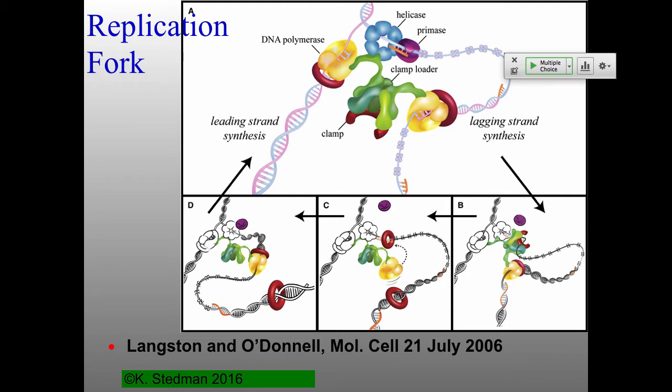When your lagging strand polymerase gets to the primer for the next piece, it will dissociate from the sliding clamp. You see it still stays attached right here. So that was your question about coming in from somewhere else. And now we'll move to the next sliding clamp, which the clamp loader just put on the new primer, and extend from there.